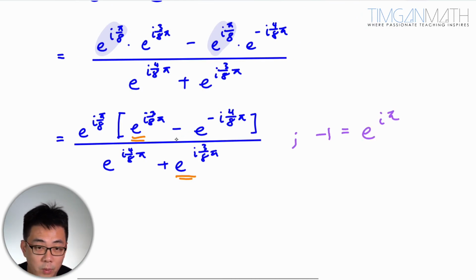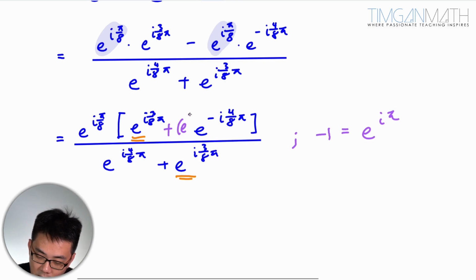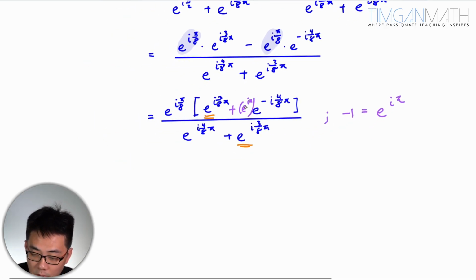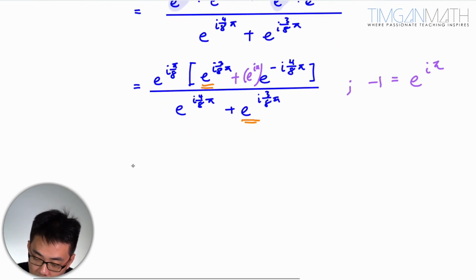Alright, so I can just replace this with e^(iπ). So I can just put this as my plus e^(iπ). Then I can just use normal indices to add them up. When you add these both up, you will get this positive. Okay, so this case here, you get e^(iπ/8) times e^(i3π/8) plus π plus half, this will be e^(i4π/8).